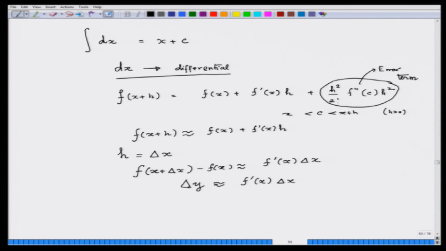So the change in the dependent variable is equal to the derivative into the change in the independent variable.